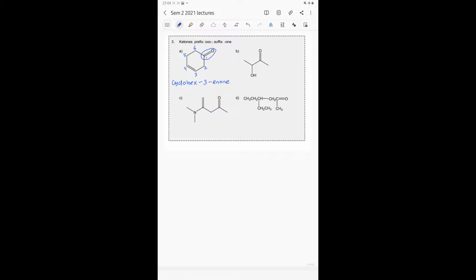For B, we have OH and we have double bond O. According to table group A, double bond O has the highest priority. Therefore, OH here will be the substituent called hydroxy. So what is the name of B? Give numbers first to the carbons: 1, 2, 3, 4 carbons.